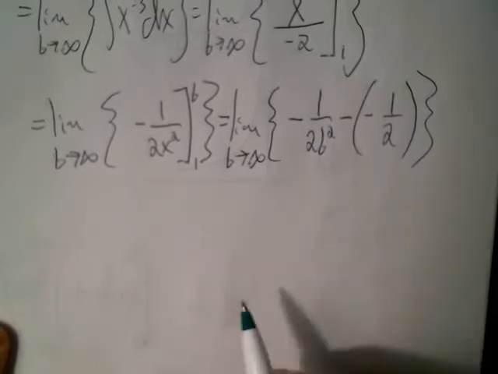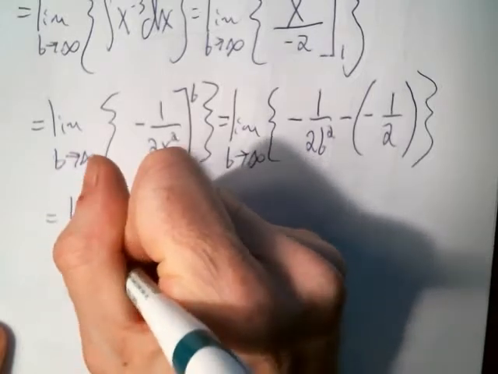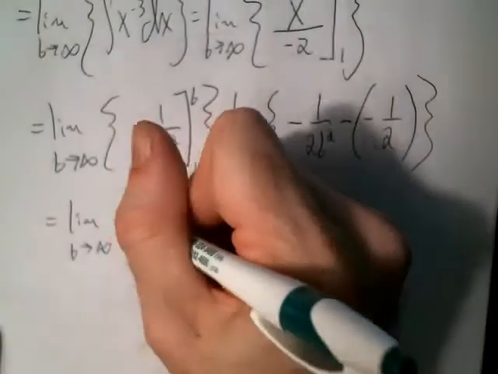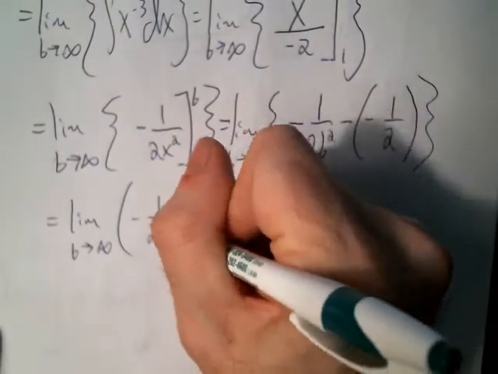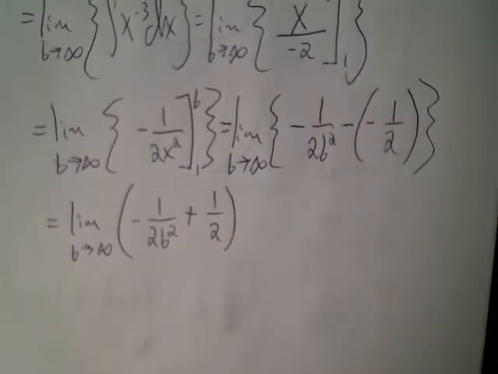I'll clean that up a bit, and then you can start worrying about the limit of that thing. So we'll end up with the limit of negative 1 all over 2b squared plus 1/2.